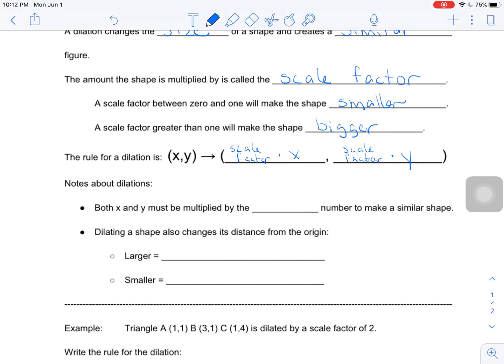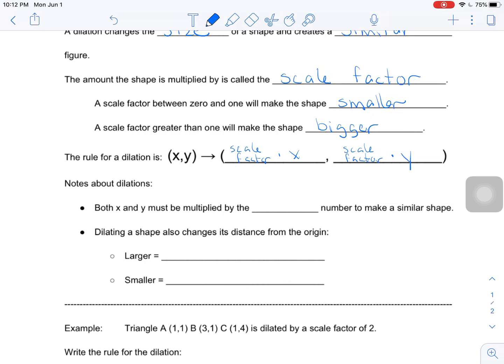Another thing that a lot of you realized from your dilations intro: you started with a square. One of the questions you got asked when you were done was which shapes made squares and which shapes didn't. 2 of them made squares, and 2 of them distorted the square and turned it into a rectangle.